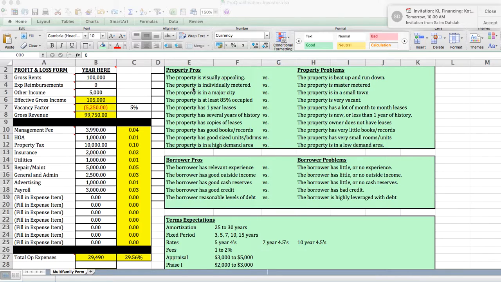The other thing is the property individually metered versus master metered. And you say, what is this? Well, when you're acquiring an apartment complex, a lot of the older properties could be master metered, which means that everything goes to one meter as opposed to the individuals in the units paying for their own utility bill.